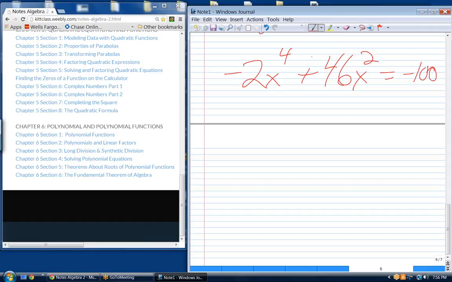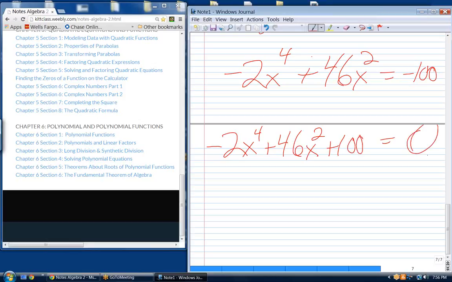Okay? So, what's the first thing I can do to simplify this a little bit? Should we get the 100 on the other side? Well, that's one thing. That's step 1. What's step 2 to simplify it?